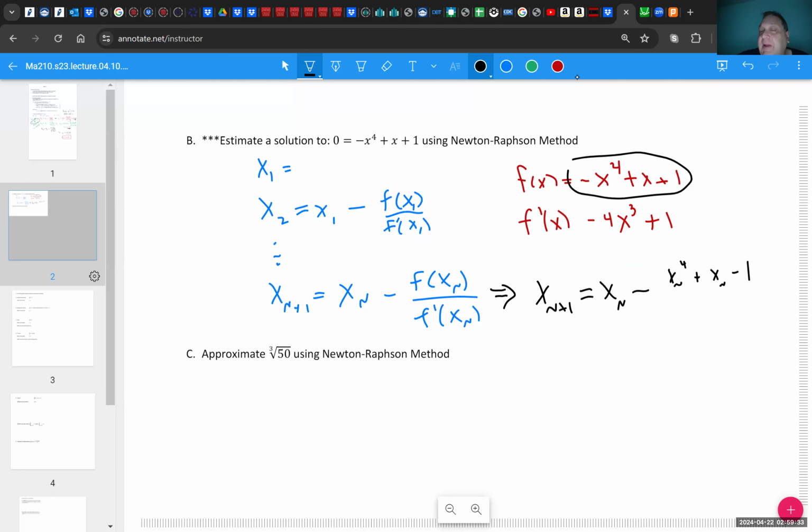They're basically just saying I'm plugging in that value. And then on the bottom, you would do -4 x_n cubed plus 1. For a lot of people, this is confusing with all the n's. But they're just saying, plug x_n into the function, plug x_n into the derivative, and you get this formula here.